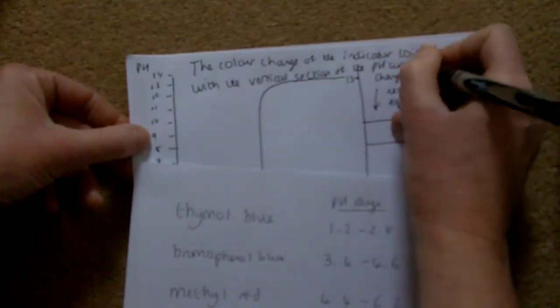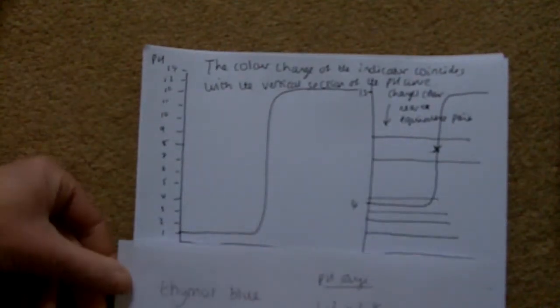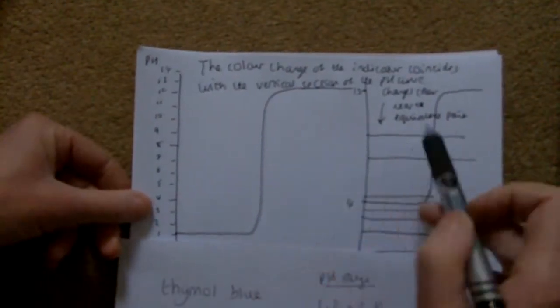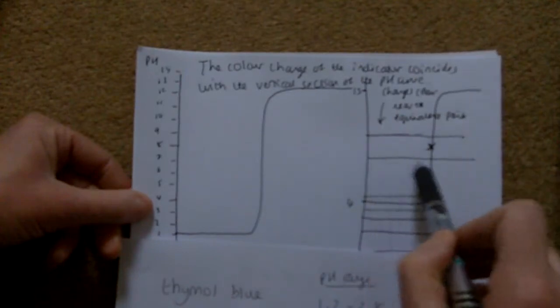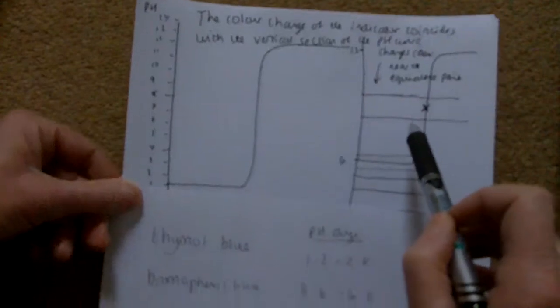That's what you need. So you want an indicator that changes color around pH, this is like 6 to 8 around there.